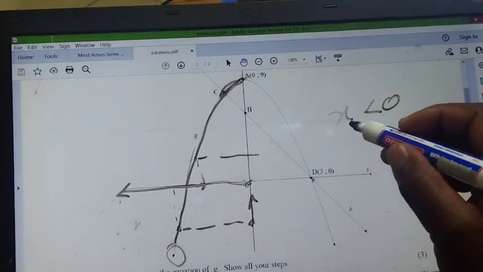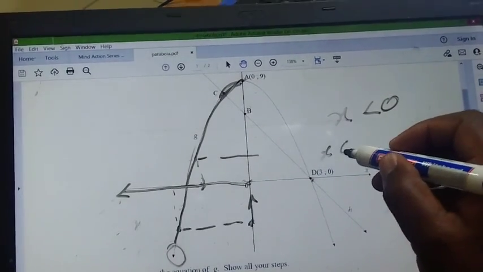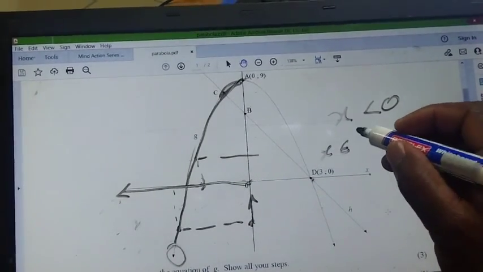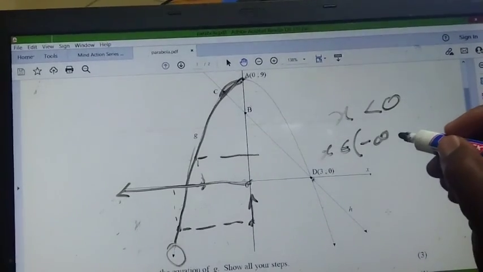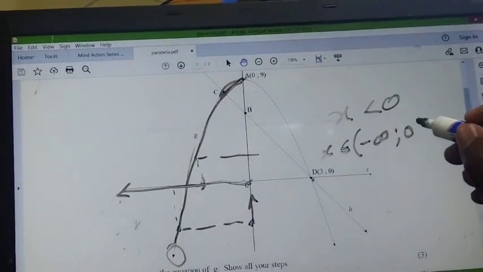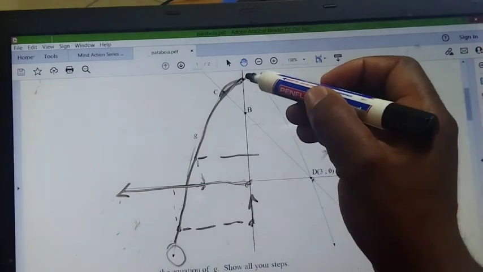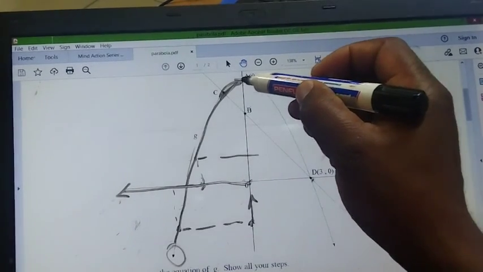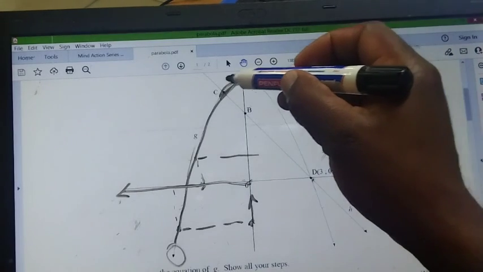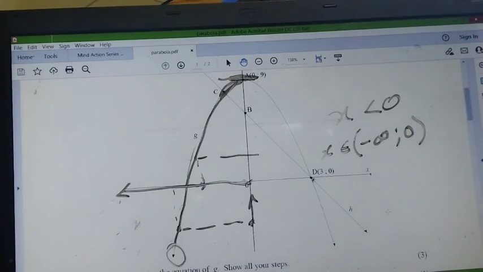We can also write this as x is an element from negative infinity to 0 exclusive. Why are we excluding 0? It's because at this point, when x is 0, it's a turning point. The graph neither decreases nor increases.